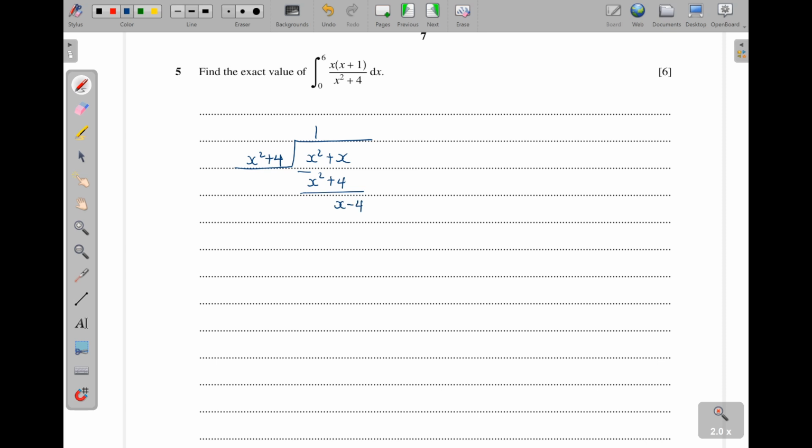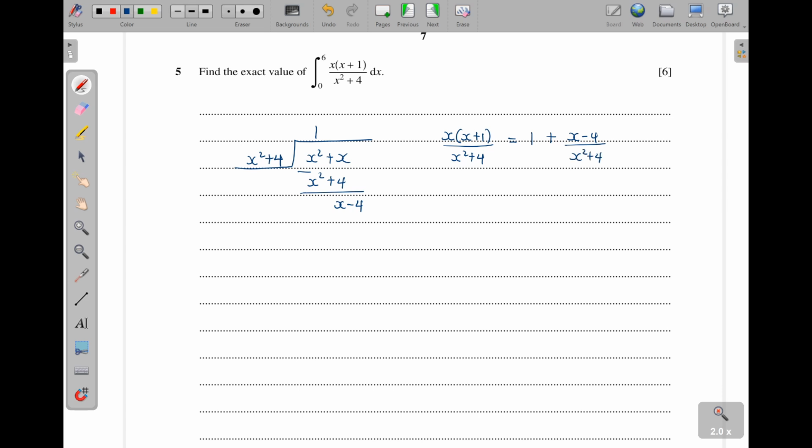Okay, so meaning that we shall have this x into x plus 1 out of x squared plus 4. This one is going to be equal to 1, then plus x minus 4 out of x squared plus 4.